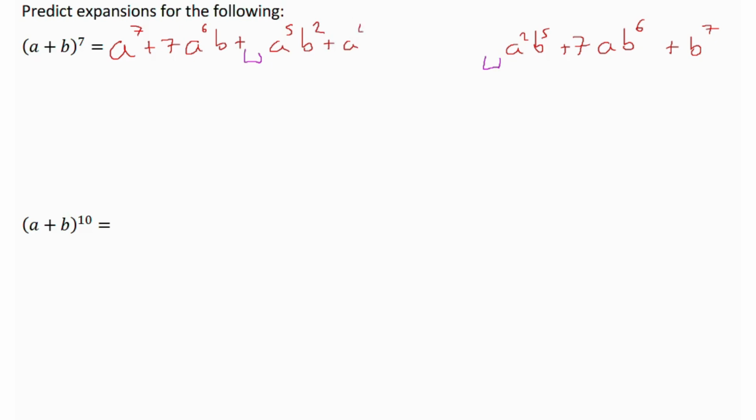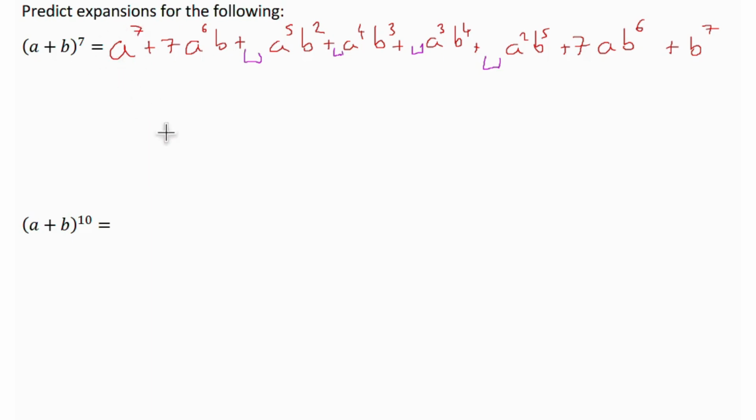And then a to the 4b cubed, and indeed here the other way around, a to the 3 b to the 4. And again there is a coefficient in front of each of those, but it's not immediately clear what they're going to be. But you might have noticed some patterns here in coming up with this prediction.